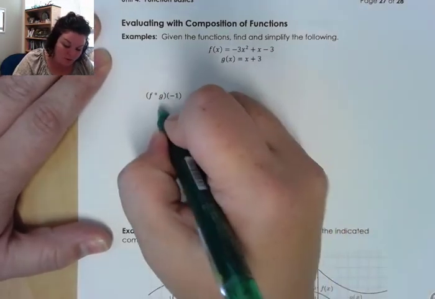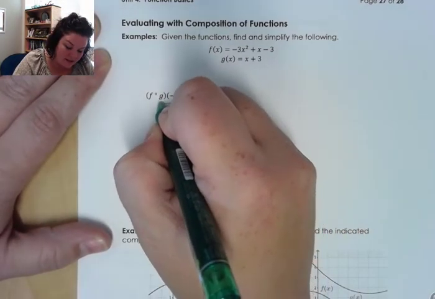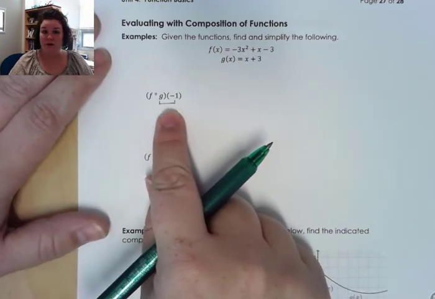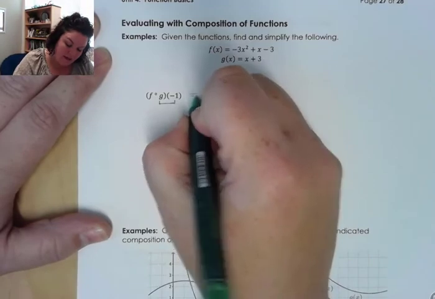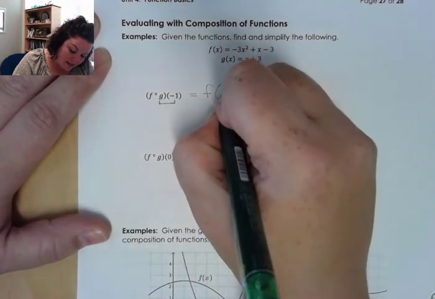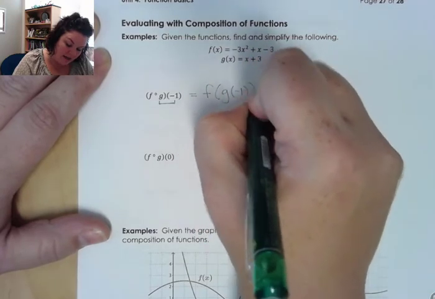Remember, whichever one is closest to the x, or closest to the input, is the one that we will evaluate first. So what this tells me is that f is my outside function, and inside we're evaluating g of -1.